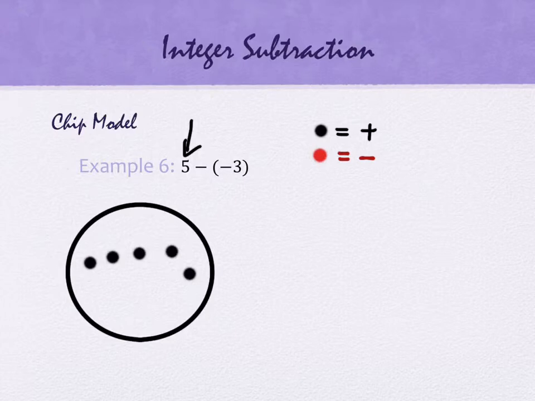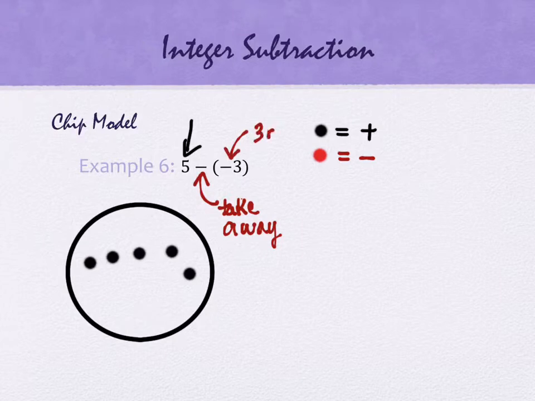And this symbol right here, you guys just told me at least one way to think about it is that it's takeaway, it's removing. And we are going to continue with that idea. So we're going to take away, but we're supposed to take away what? 3 negative chips. Does anybody see a problem with that?